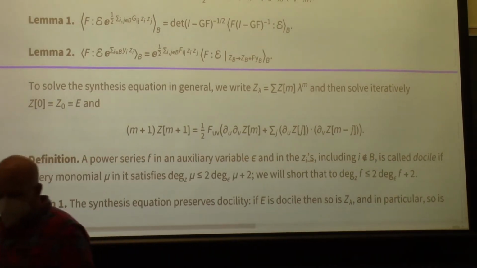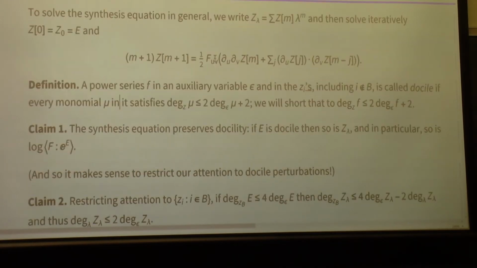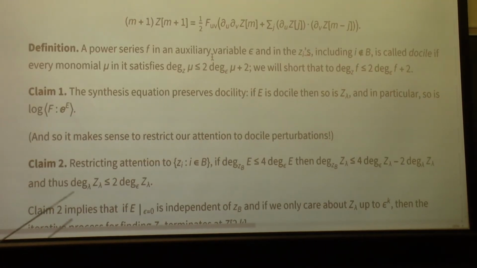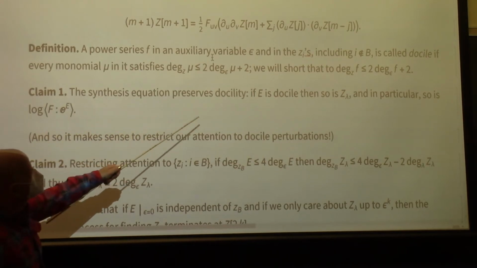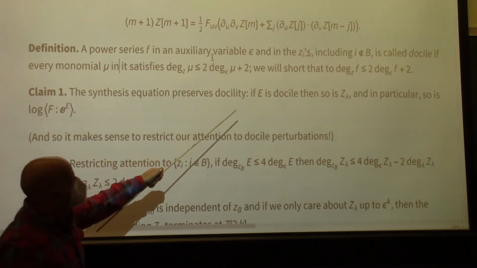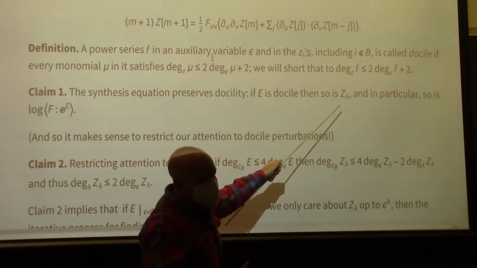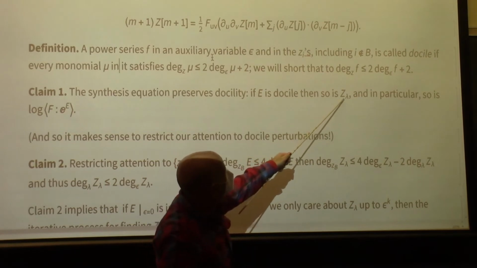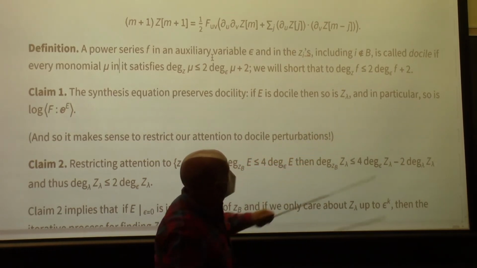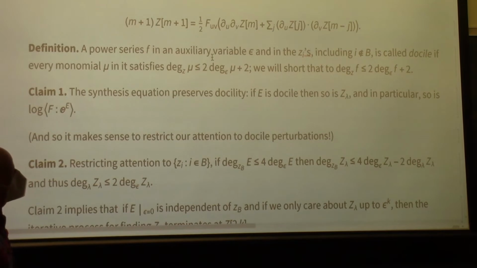Okay. So, of course, there should be a claim here. And the claim is that the synthesis equation preserves docility. In other words, if E is docile, so if we start with a docile thing, then so is Z lambda, and therefore so is the log of F colon e to the E. Okay?